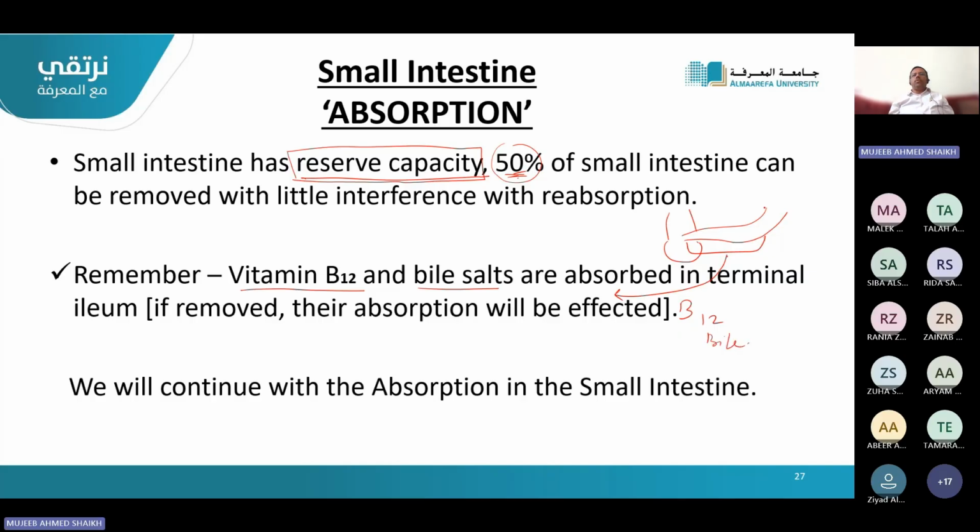So if you remove half of the small intestine, nothing will be hampered except the absorption of bile salts and B12, because they are specifically absorbed in the last part, whereas most of the absorption will occur in the duodenum and jejunum only. Okay. Any difficulty in this? Clear.